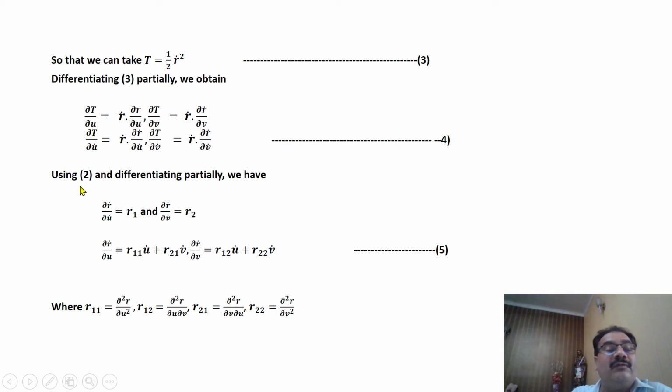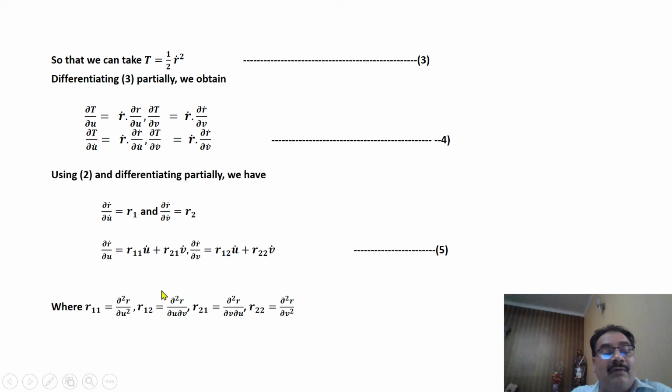This is equation number 4. Using equation 2 and differentiating partially, we will get ∂ṙ/∂u̇ = r1 and ∂ṙ/∂v̇ = r2. It means ∂ṙ/∂u = r11 u̇ + r21 v̇, and ∂ṙ/∂v = r12 u̇ + r22 v̇.